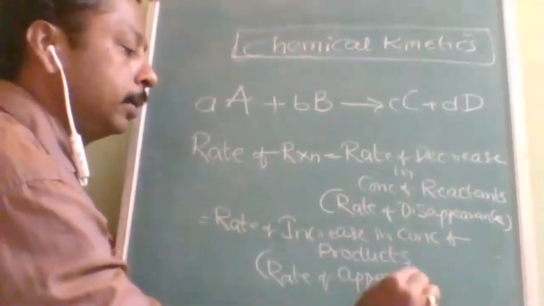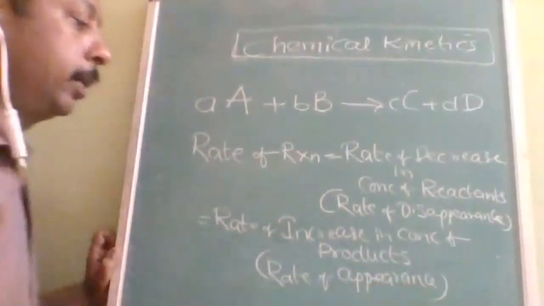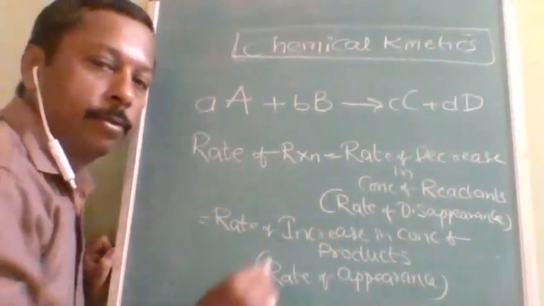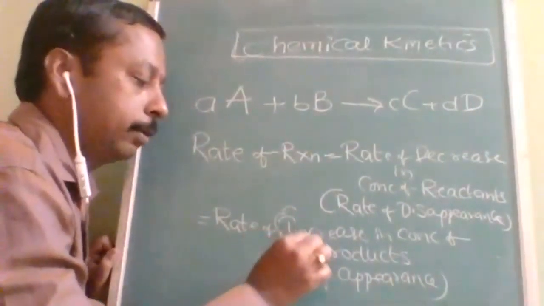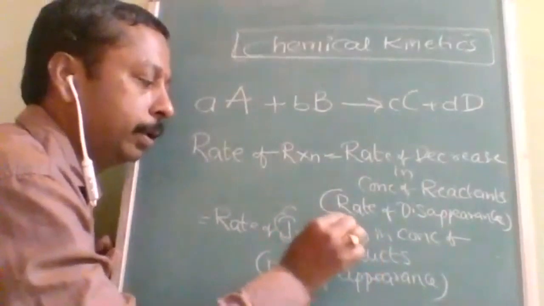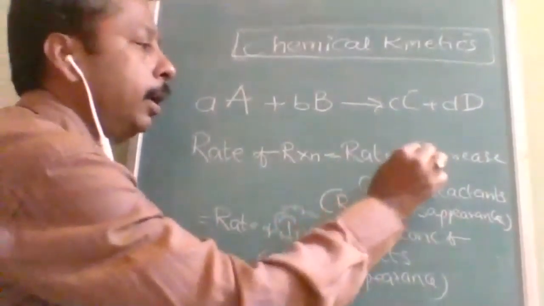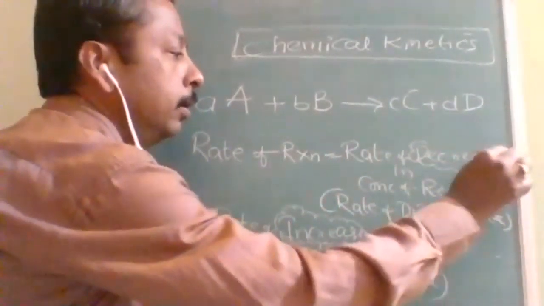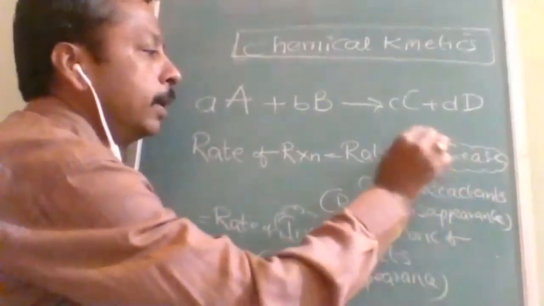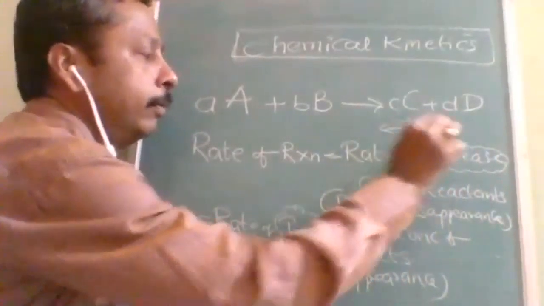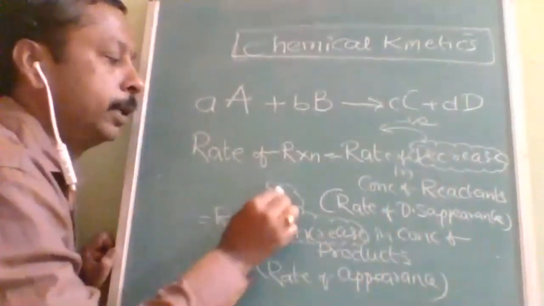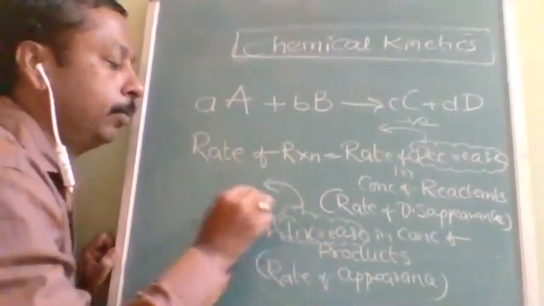One thing you should make sure of: here it is an increase and here it is a decrease. Decrease is normally given the sign convention negative. Increase is given the sign convention positive.